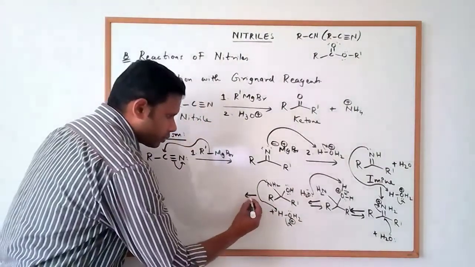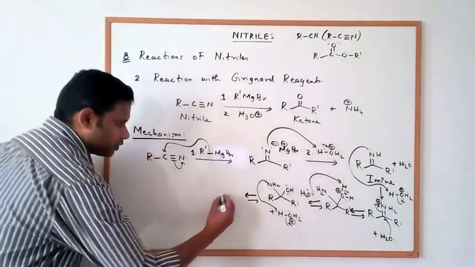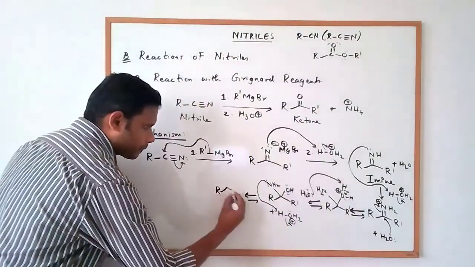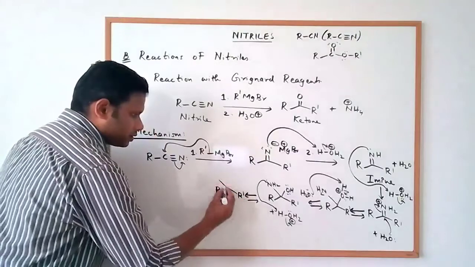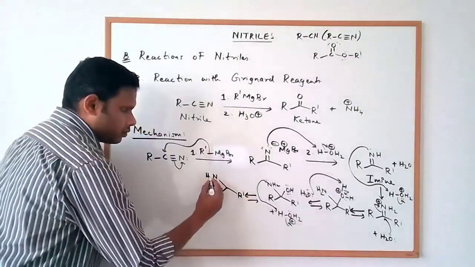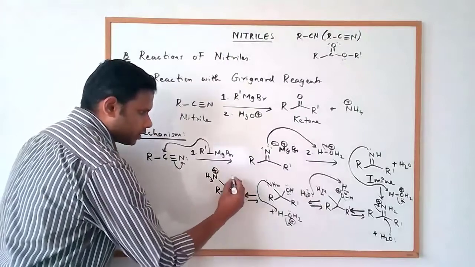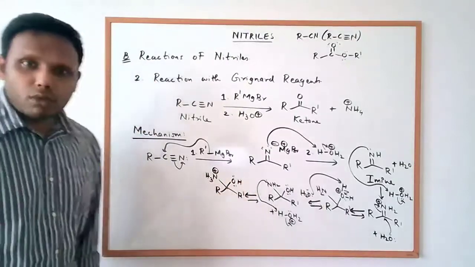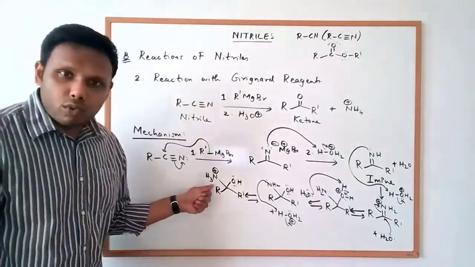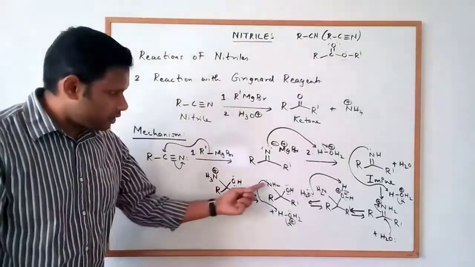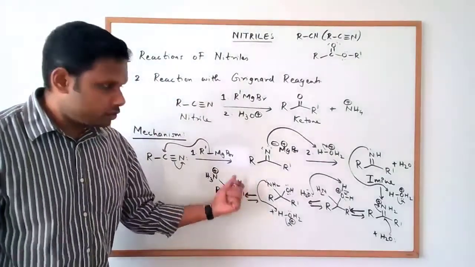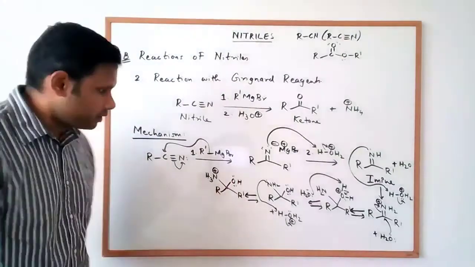So when it gets protonated, it's going to move us forward. So we're going to get the carbon with R, an ammonium ion and a hydroxyl group in the same molecule. Now, this ammonium should be a good leaving group. We've converted that amine, which was a bad leaving group, into a good leaving group.